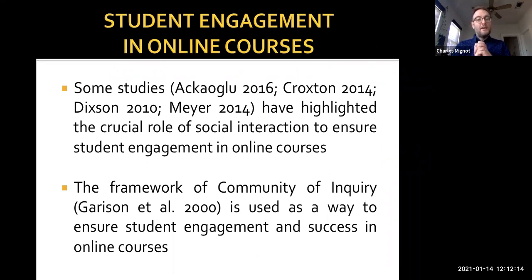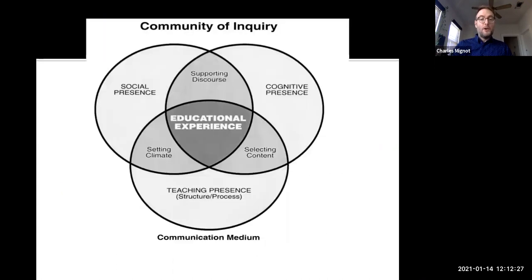And there is this framework called the community of inquiry, which is now used as a reference to ensure both students' engagement and success in online courses. So to ensure the best educational experience possible, a community of inquiry requires three main components: social presence, cognitive presence, and teaching presence.